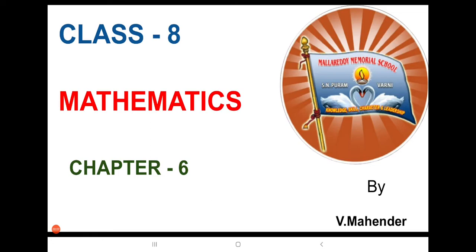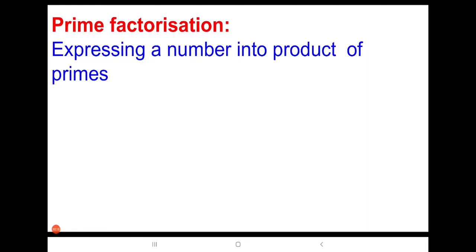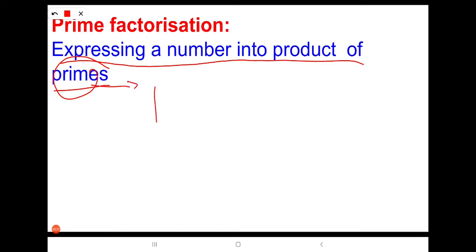In this video, I am going to teach you about prime factorization. Prime factorization is nothing but expressing a number as a product of primes. We know that prime number, what is a prime number?